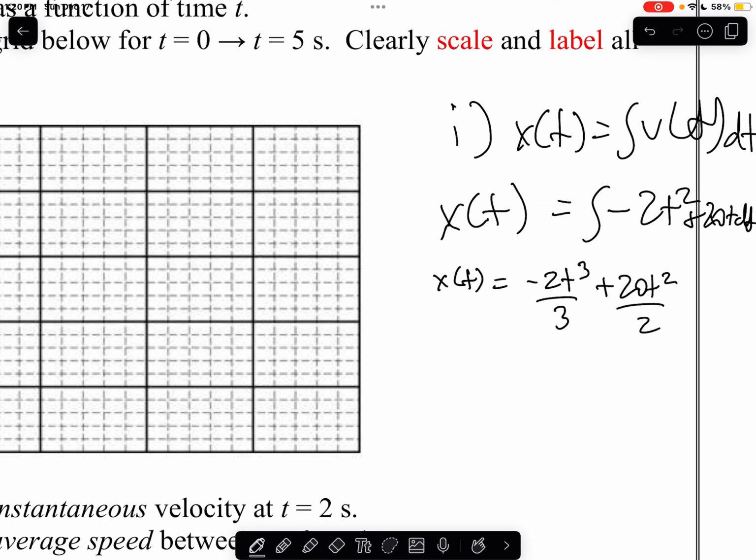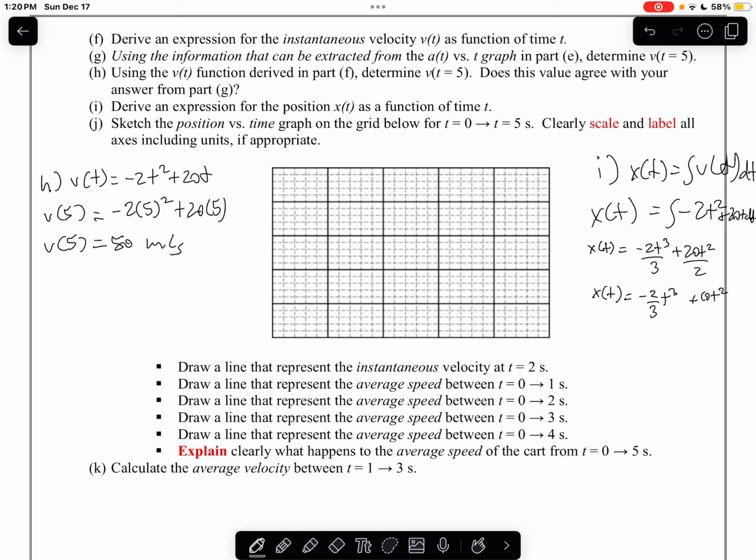And then sketch the position versus time graph for the 0 to 5 second scale and label all axes including units. Okay, so I'm going to do x and t, 1, 2, 3, 4, 5.